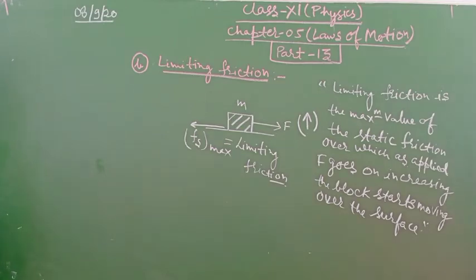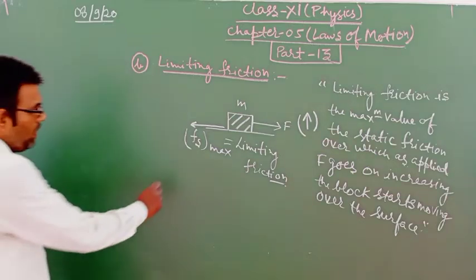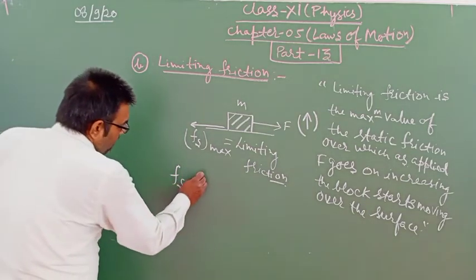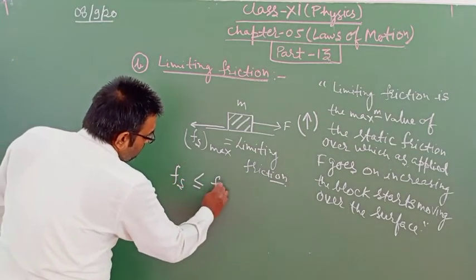It is the maximum force of static friction which comes into play when a body just starts moving over the surface of another body, and that is called limiting friction. Or you can say that static friction must be less than or equal to Fs max.